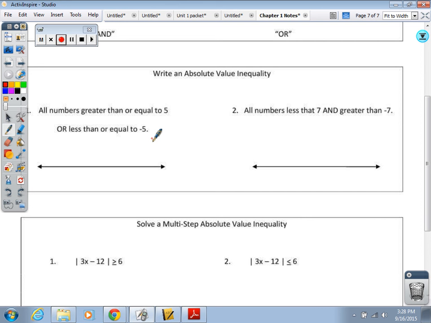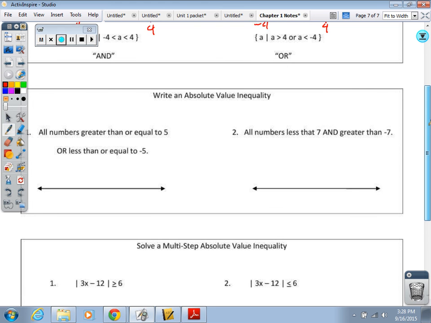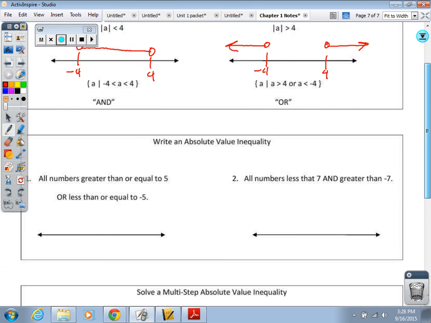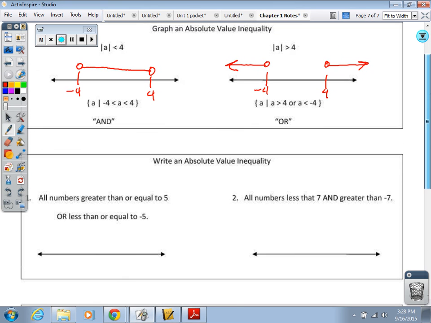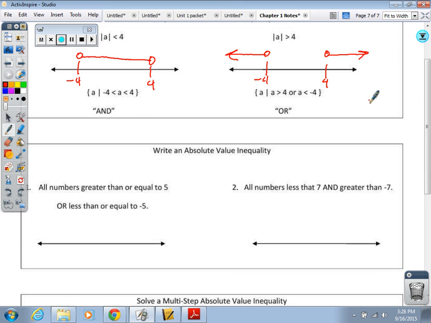Okay. So how would you write that? So you're writing an absolute value inequality. Okay, keep in mind that's an or, so I'm going to go and show you that just a little bit, okay? So you want greater than or equal to 5 or less than or equal to negative 5. So how we're going to write that, remember or is greater than.